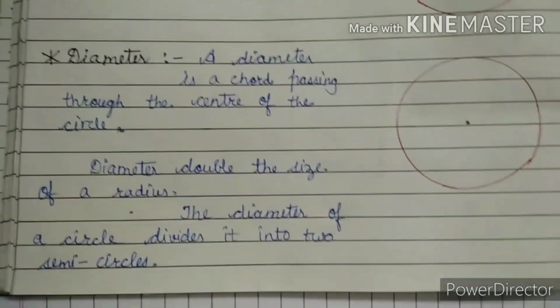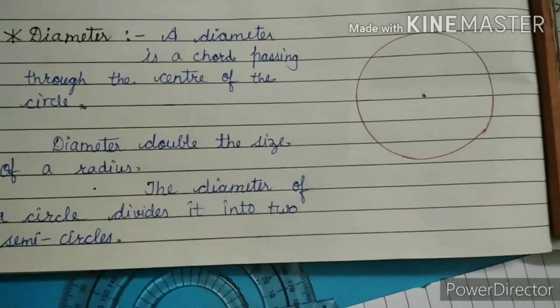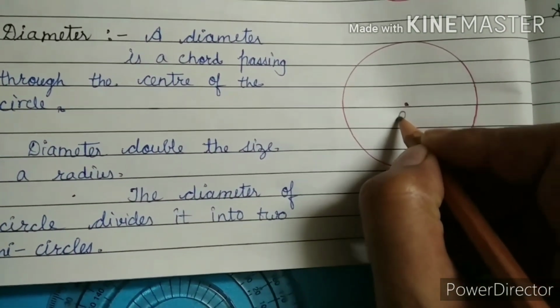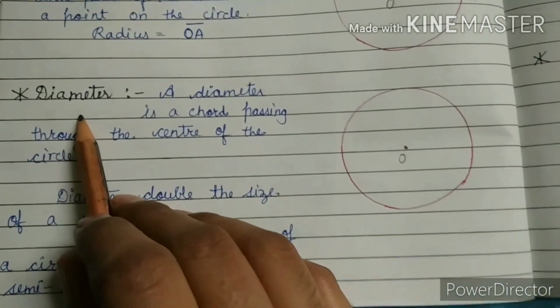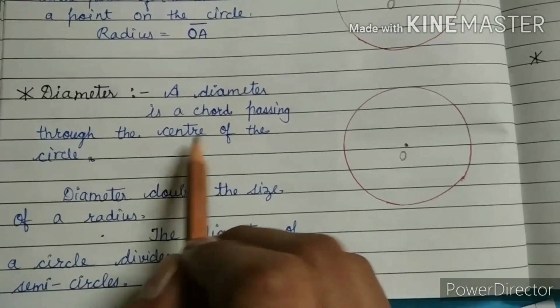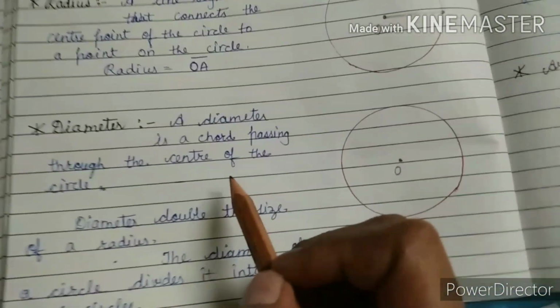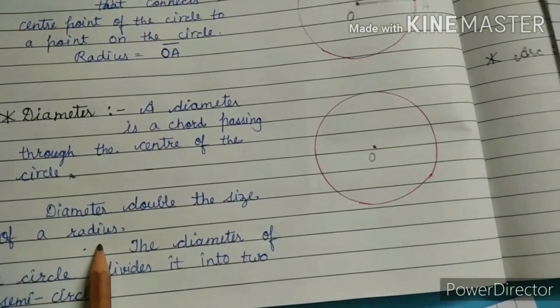For the diameter, I have also drawn one circle, and its center point name is O. We can put any name. What is the meaning of diameter? A diameter is a chord passing through the center of the circle. Or we can also consider the diameter as double the size of a radius.